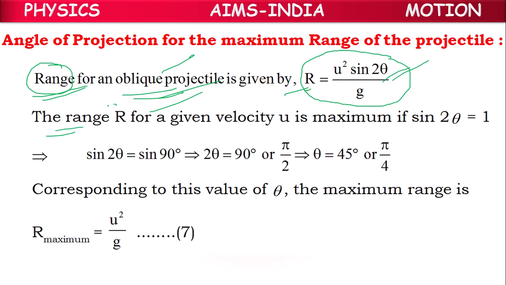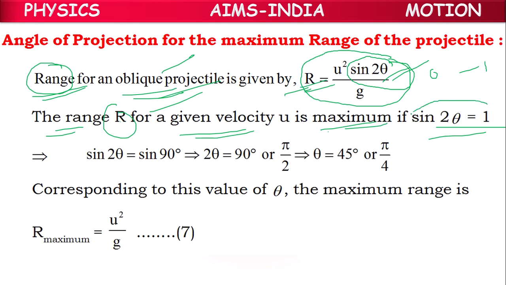The range R will be maximum if this sine 2 theta value equals 1. If this is 1, then that value will be maximum, because the sine value lies between 0 and 1. So if this is 1, this R value will be maximum.